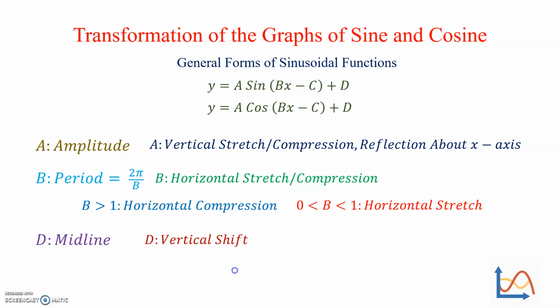Now we'll bring our attention to the C. If we look at all the other transformations, there was a vertical stretch, a horizontal stretch and compression, and a vertical shift. The only thing left was a horizontal shift. Let's confirm.